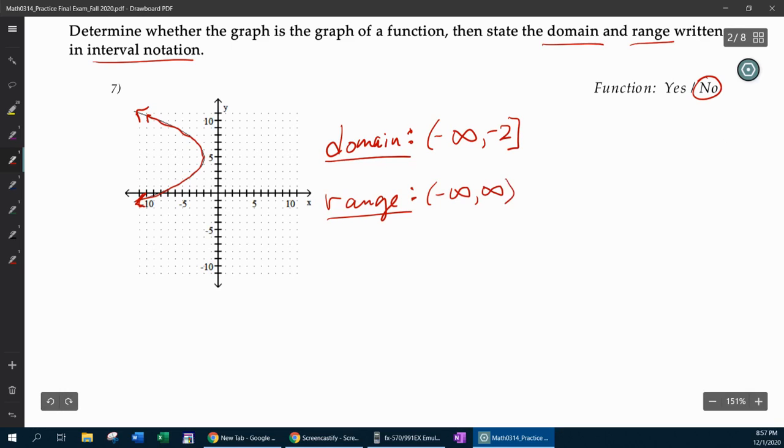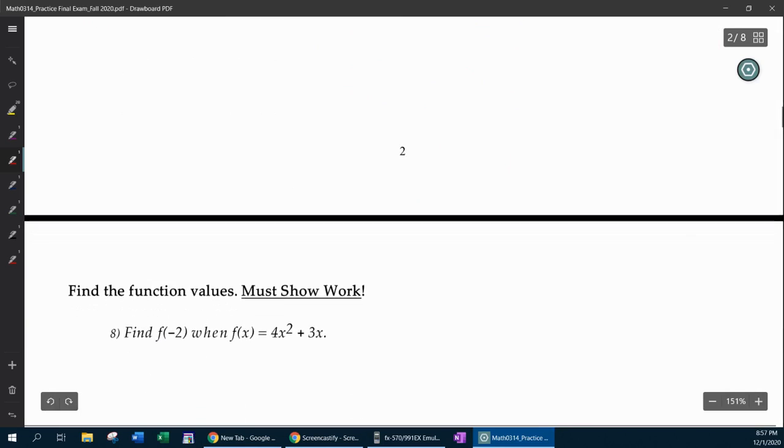And so the range will increase forever. So our range is going to be everything from minus infinity to infinity, because if you allow this graph to continue to the left forever, it will get wider and wider and wider up and down and eventually go to infinity. And that's it for number 7.